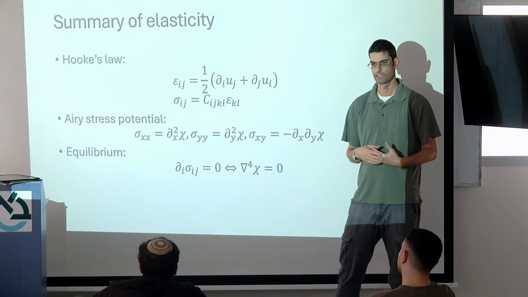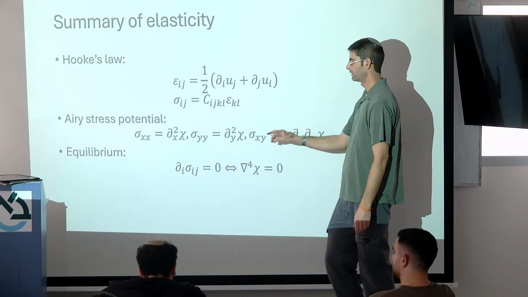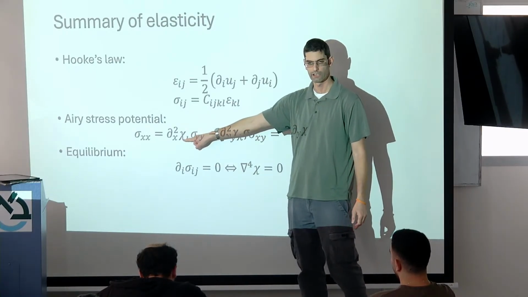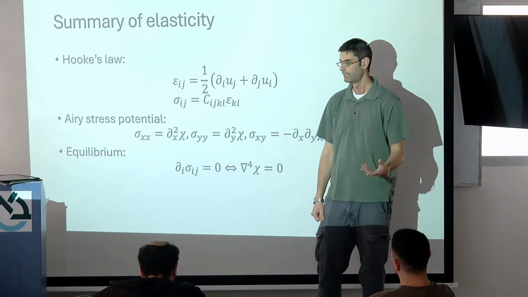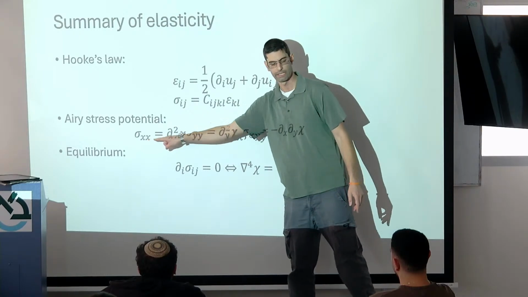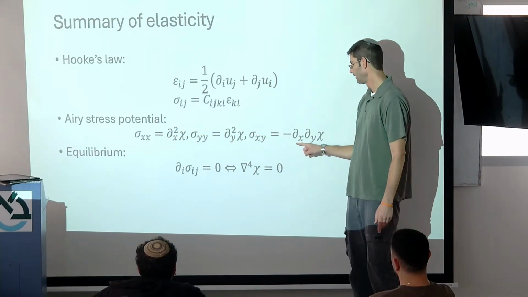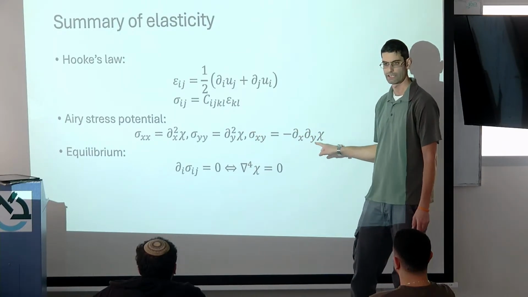The way it's done in elasticity is by something called the Airy stress potential, which is defined as just a scalar function, chi, equivalent to the electrostatic potential phi. And the components of the stress tensor, sigma xx, sigma xy, and sigma yy, are given as derivatives, in this case second derivatives.